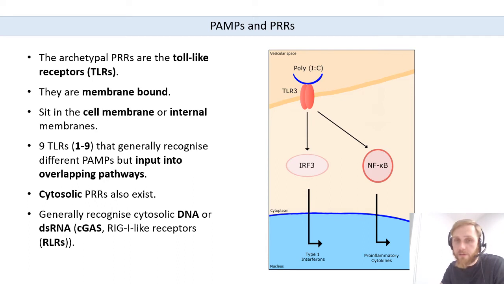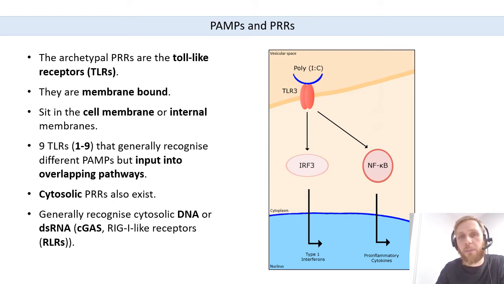TLR means toll-like receptor, and toll-like receptors are a significant group of pattern recognition receptors, so a group of PRRs. TLRs and PRRs are not synonymous terms, but sometimes it almost seems like they're used that way because a large proportion of PRRs are TLRs, but there are other PRRs as well.